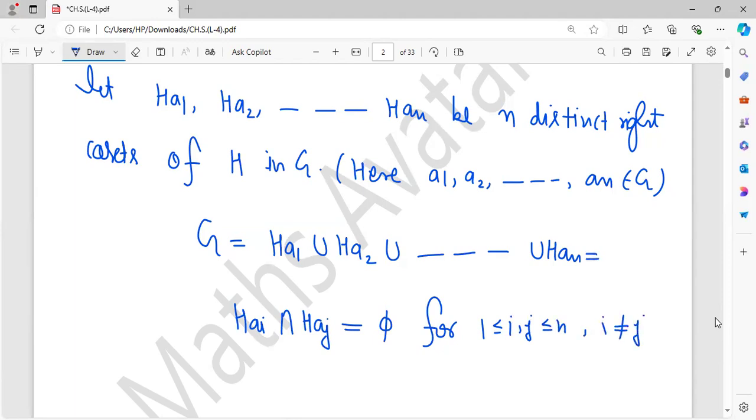So we can write this union as the union over i from 1 to n of Hai.